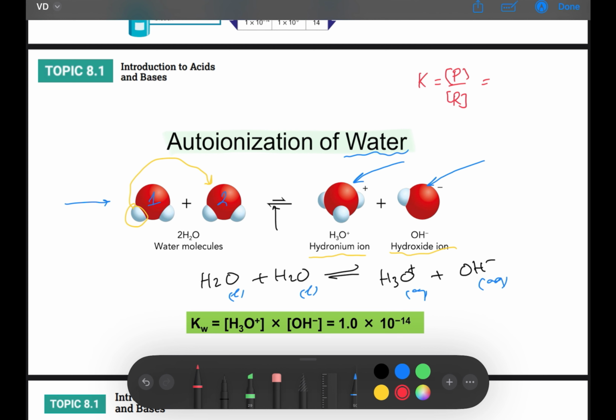At that point, we neglect water as it's in a liquid state. So the equilibrium constant is equal to the concentration of hydroxide and hydronium ions multiplied with each other. And since this is a property of water, we call this Kw, which stands for water. So Kw is equal to H3O plus multiplied by the concentration of hydroxide ion.